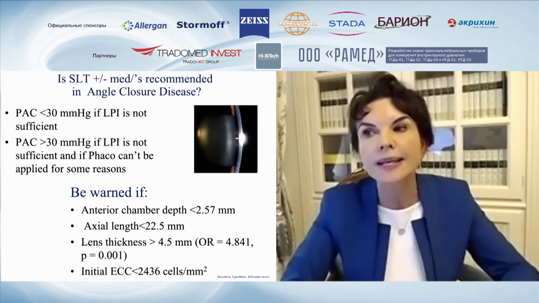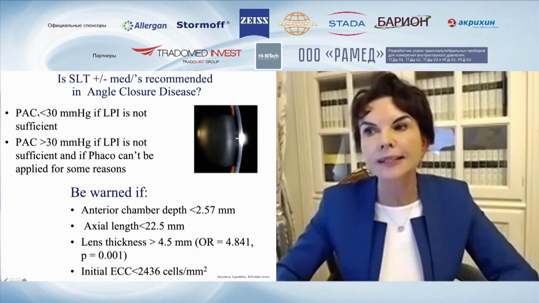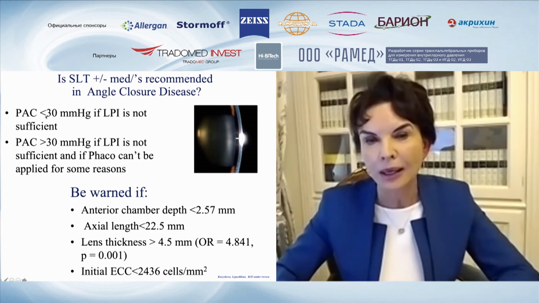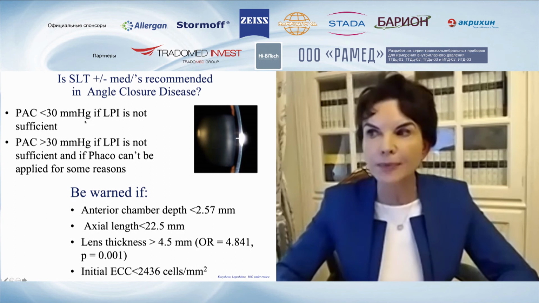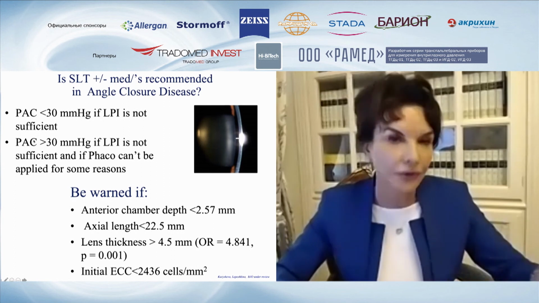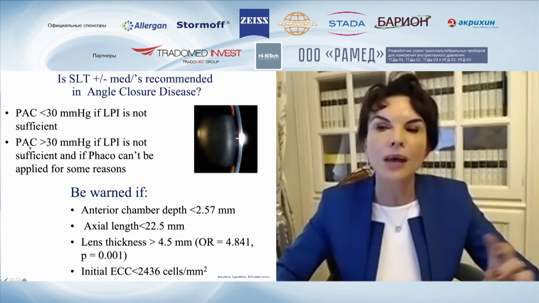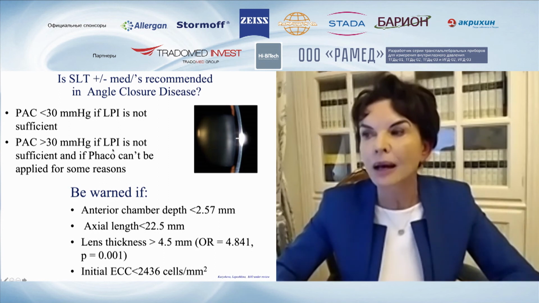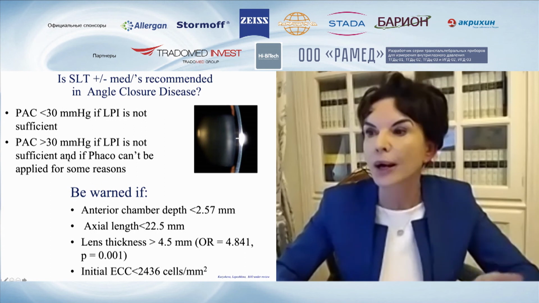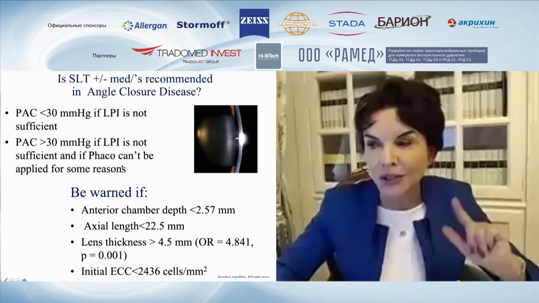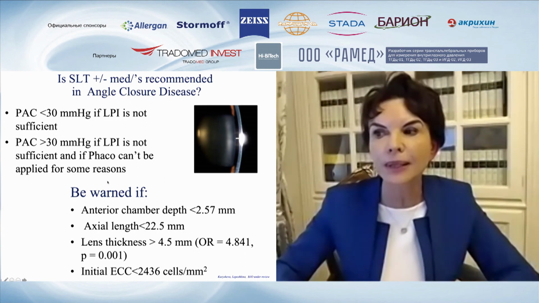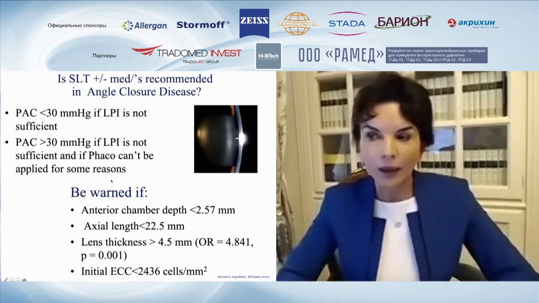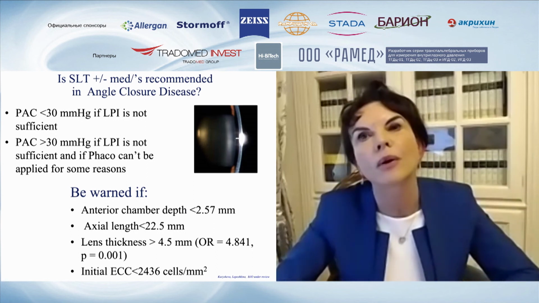But we may assume that in some cases with primary angle closure with IOP lower than 30 millimeters of mercury after LPI, or even in primary angle closure and angle closure glaucoma with higher IOP after LPI, if the latter is not sufficient, and if lens extraction can't be applied for some reasons. We shall discuss, of course, the reasons.